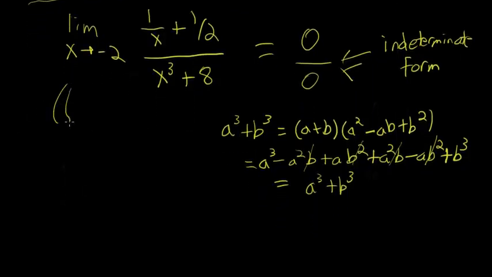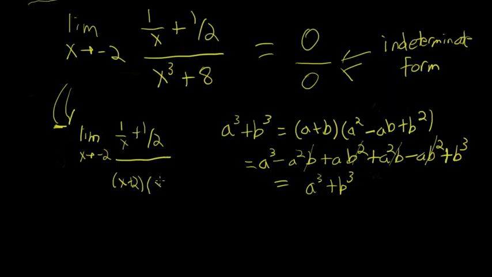So this limit is equal to the limit as x approaches -2 of 1 over x plus 1/2, divided by x plus 2, that's the a plus b part, times x squared minus 2x. The minus 2x is the a times b, so minus x times 2, plus 2 squared, so b squared will be 4 in this case.